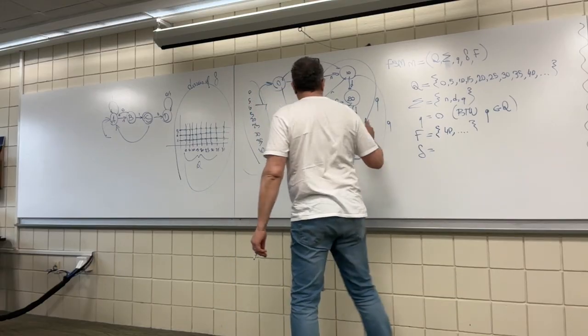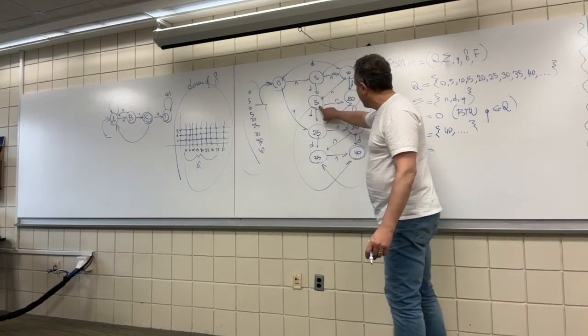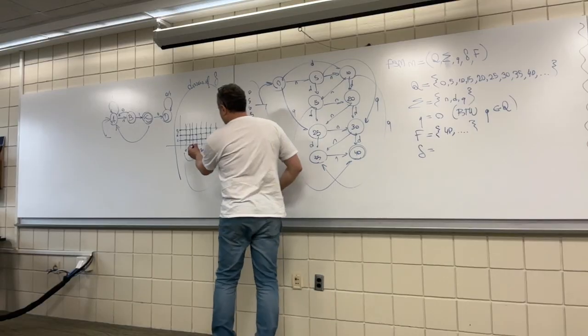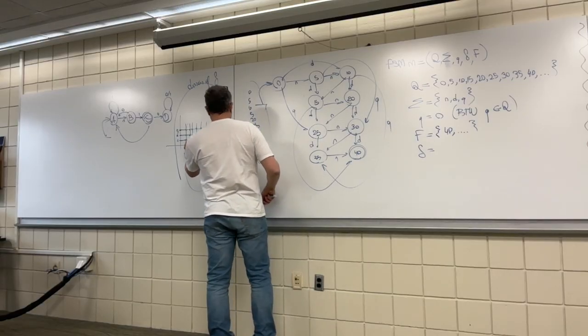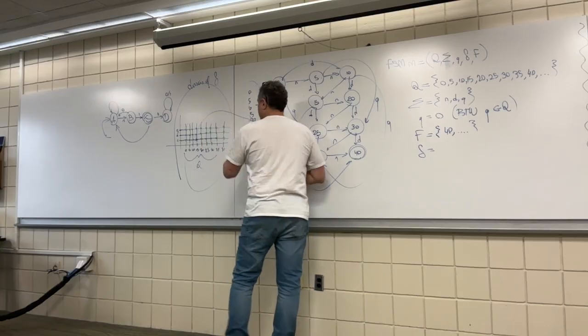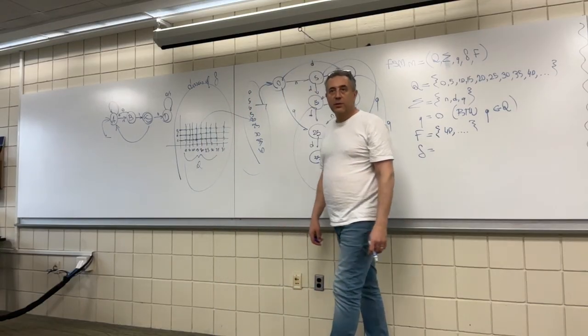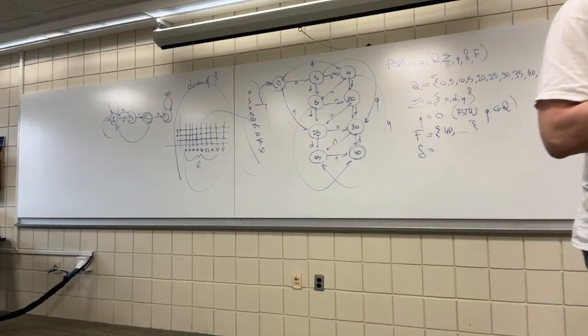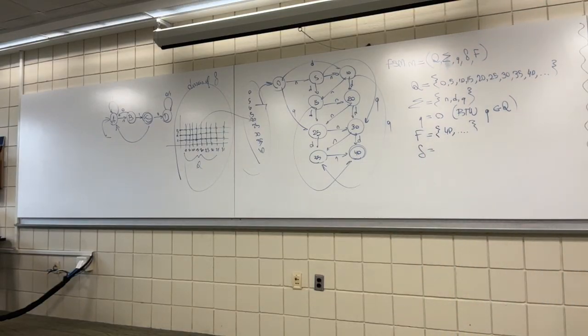And let's just do 2 of them. So for instance, if I'm at 15 and I get a nickel, I go to 20. And I can do this for all of those. Yeah. So what is that, the delta function?